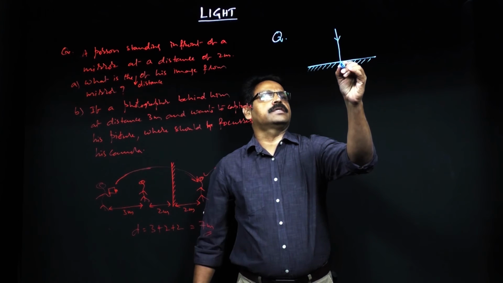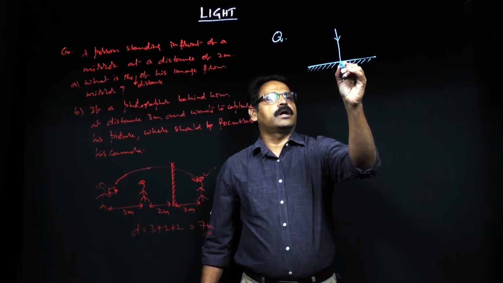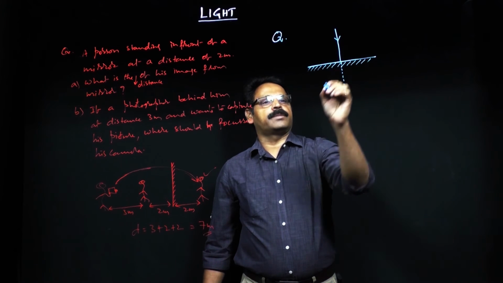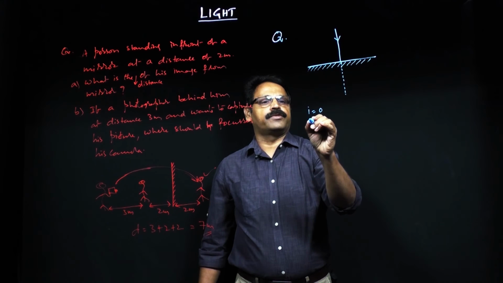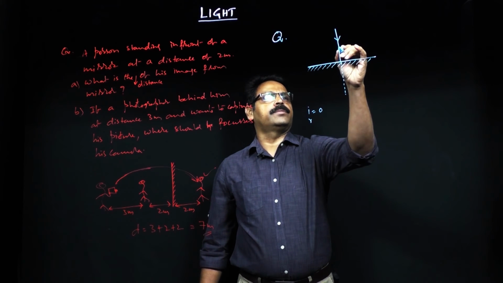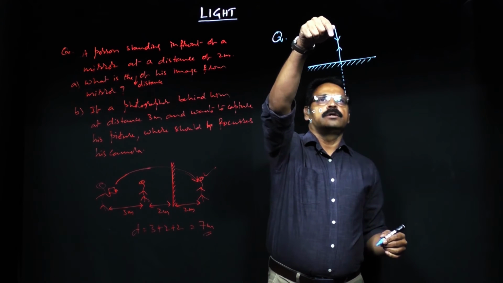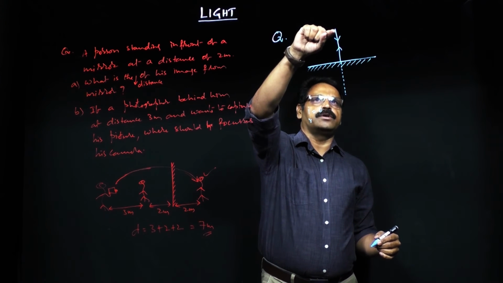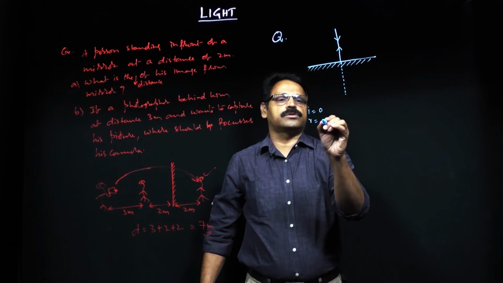So the original path is this actually. But when it is falling exactly in this manner, angle of incidence is equal to 0. Therefore, angle of reflection will be in this direction. So this is 0. That means with reference to the normal, when you are measuring, this i is 0, and with reference to the normal, this r is also 0.